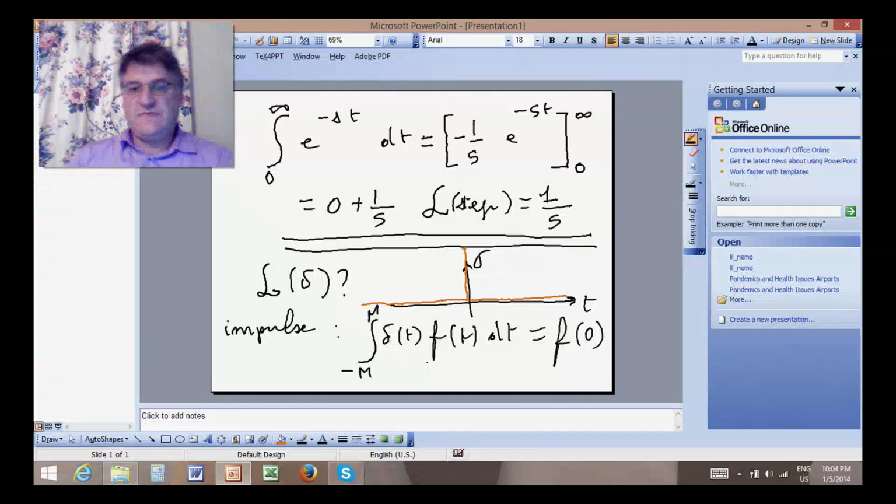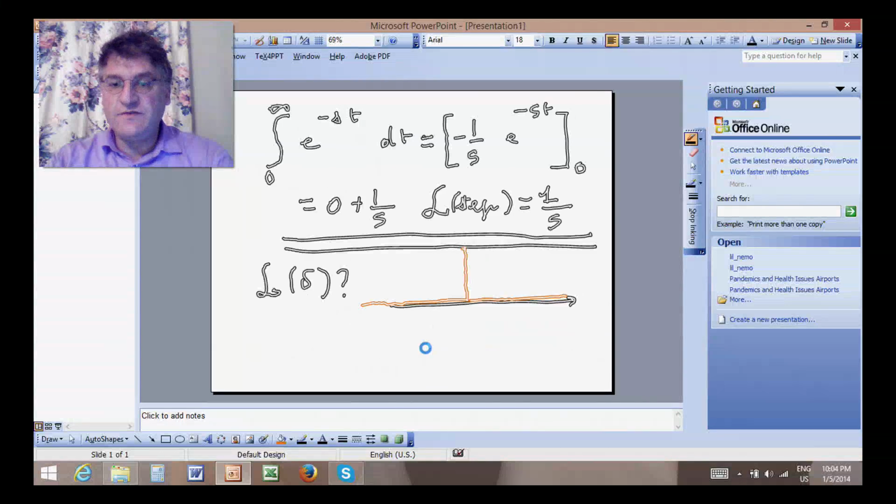Now, based on this, we can talk about the Laplace transform of an impulse.